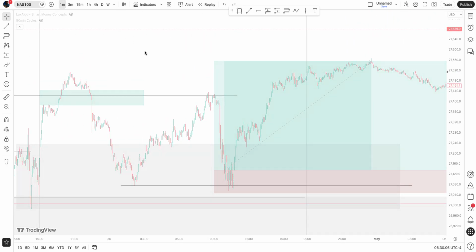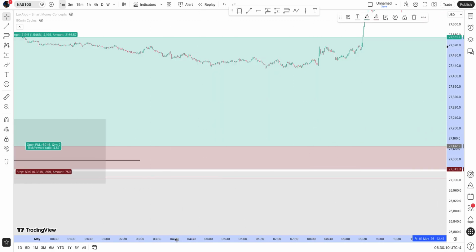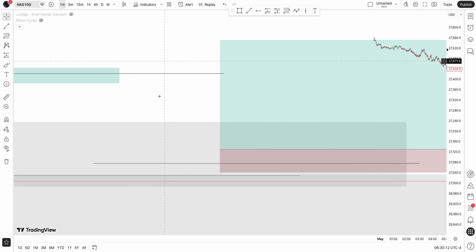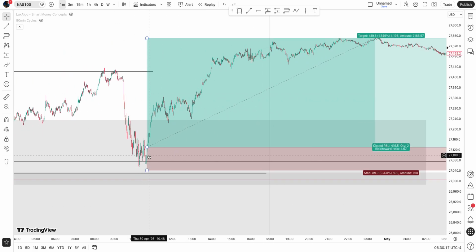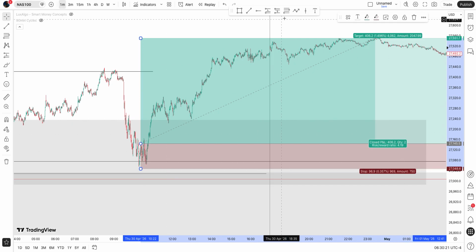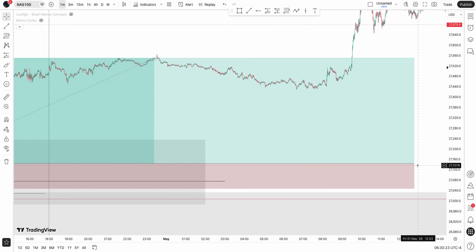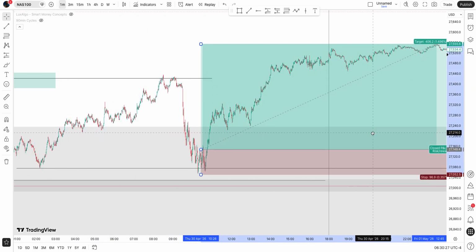Let me go on 1 minute. I used 1 minute on this day. So this was 1 minute here. We had this 1 minute entry here. It was here, and price pulled back down. This drawdown, I wasn't happy with this drawdown, but it is what it is, right?